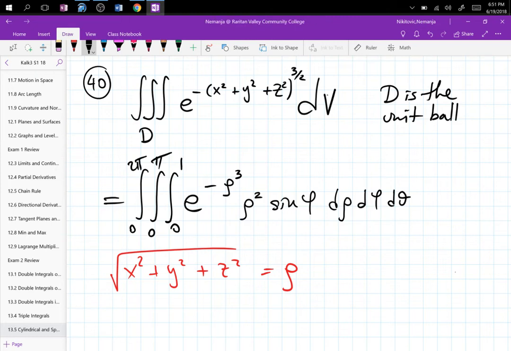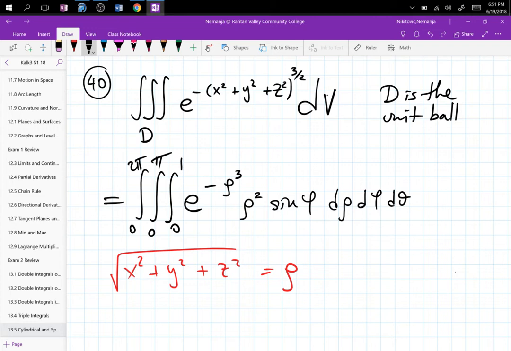This is set up for a beautiful u-sub. Sine phi is just a constant in terms of rho, so you copy that and go computing. It should not take long to compute this integral.